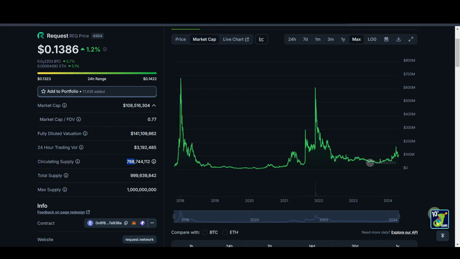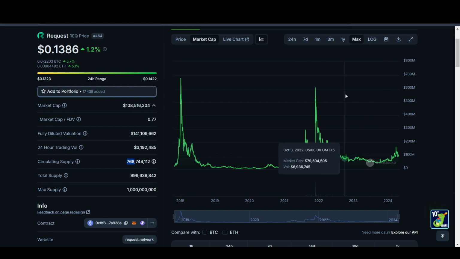Besides that, if we look at the market cap and the price, the market cap actually peaked around 700 to 500, and it is far from that. So I think if it does pump, its max range is around 600 million to 700 million.